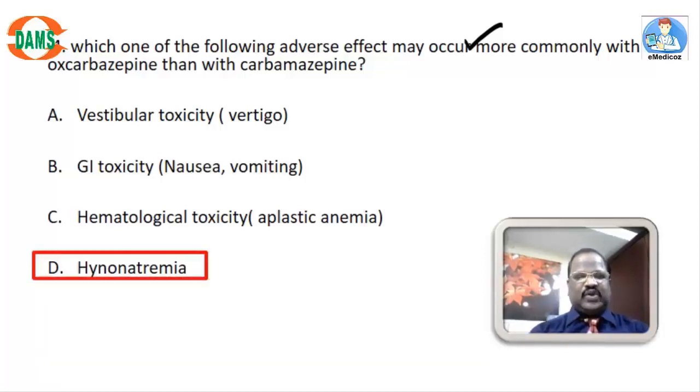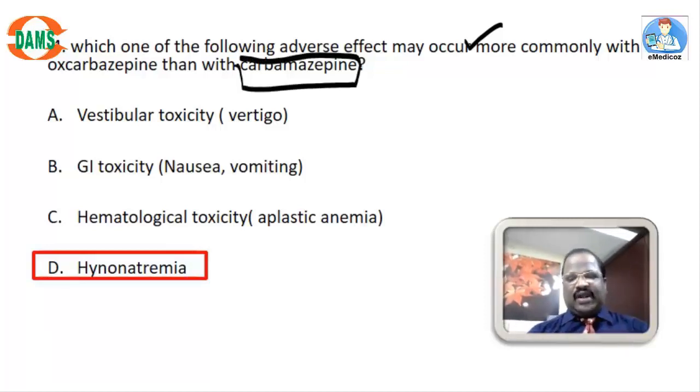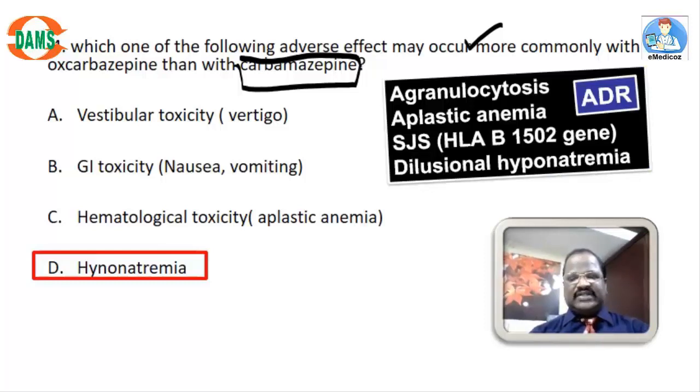First of all, we should know carbamazepine, one of the important anti-epileptic drugs. What are the important adverse effects of carbamazepine? Common adverse effects of carbamazepine include bone marrow suppression resulting in agranulocytosis, sometimes causing aplastic anemia.